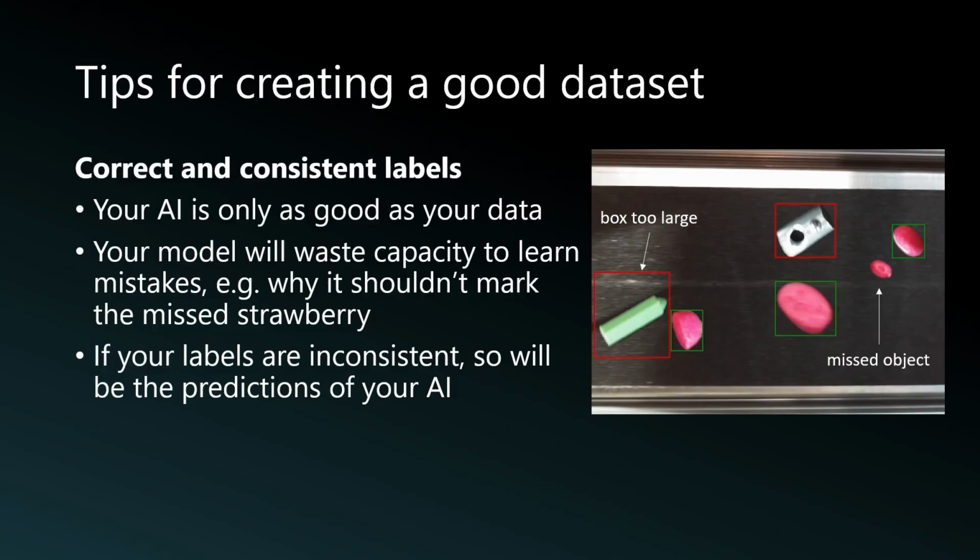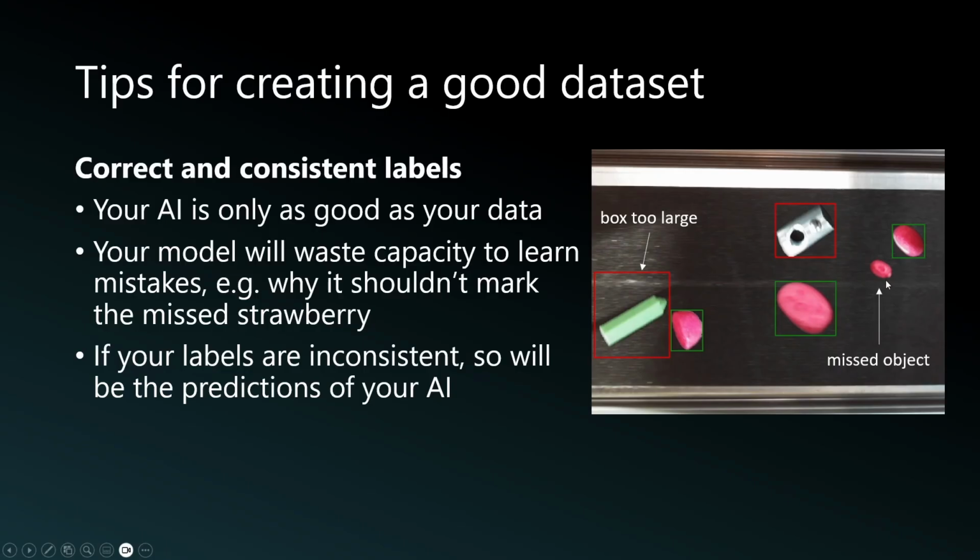And during the training process, we try to update and fine-tune those rules to match the training data as closely as possible. But if you have a missed object, then some of those rules try to capture why this object shouldn't be labeled.